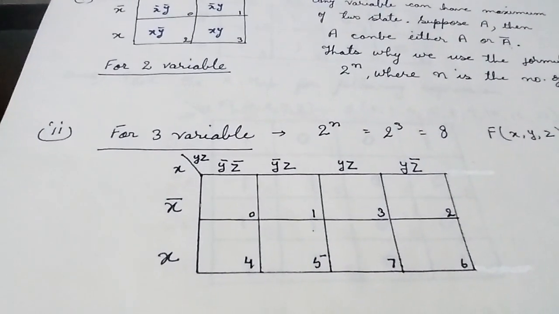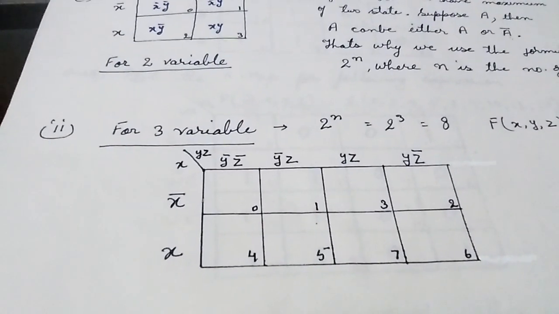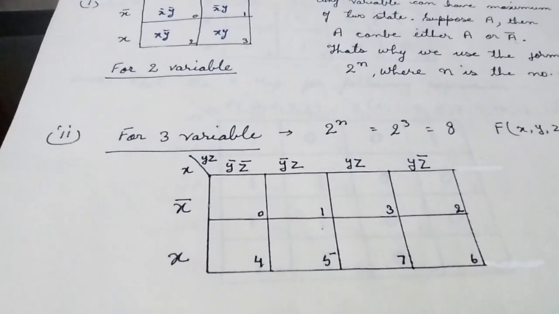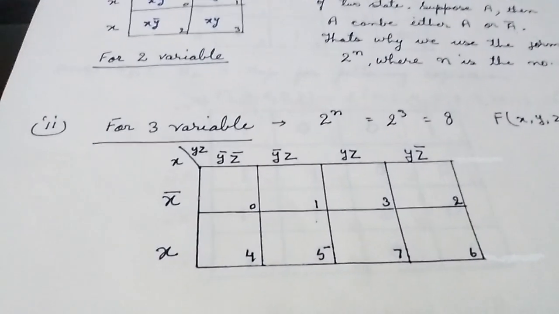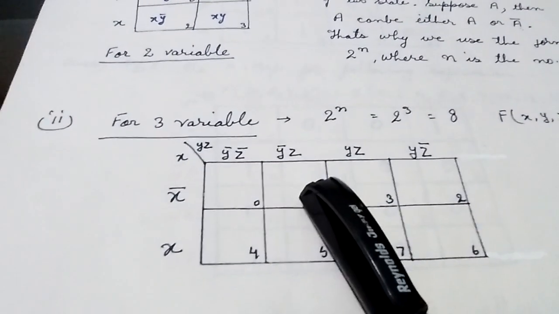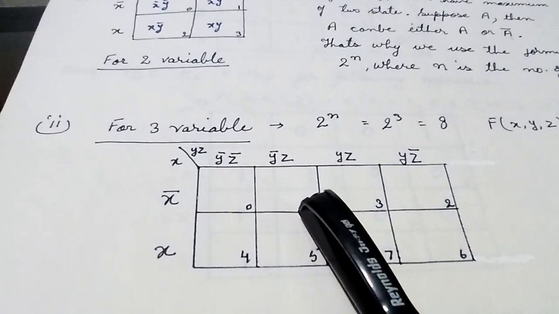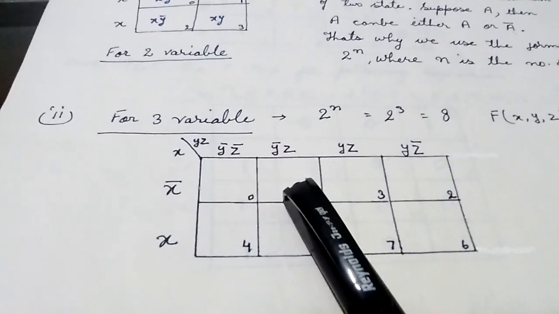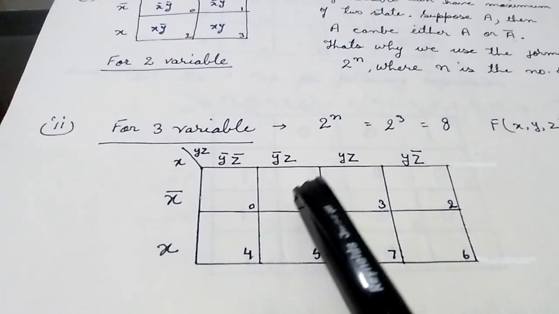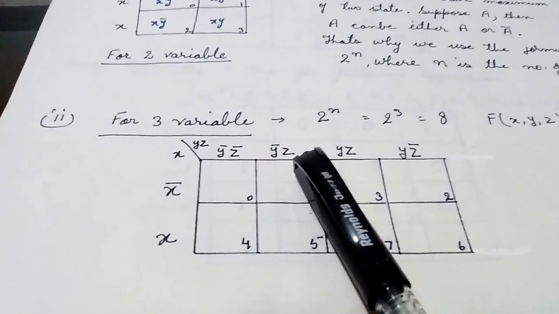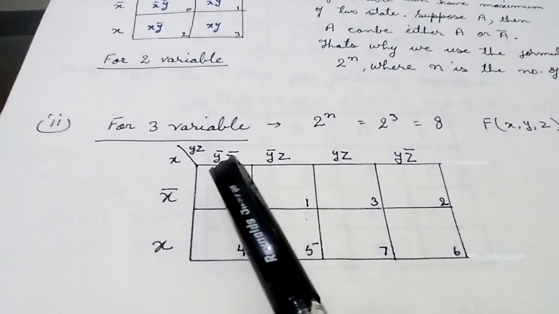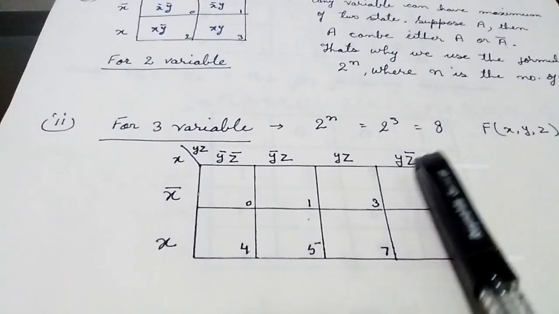In min-term combination, you know that each term has to be barred at once or the other. So we see the second cell, that is 1. 1 is 0, 0, 1. So x bar we get from here. We will put y bar z, that results in 0, 0, 1. So the above combination, it is very easy to remember.